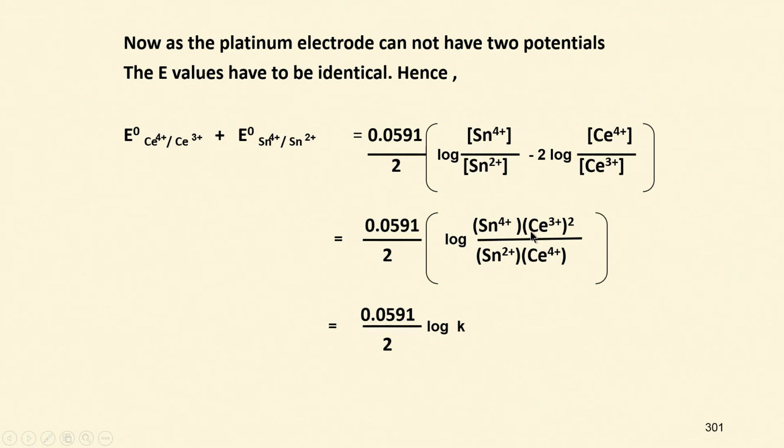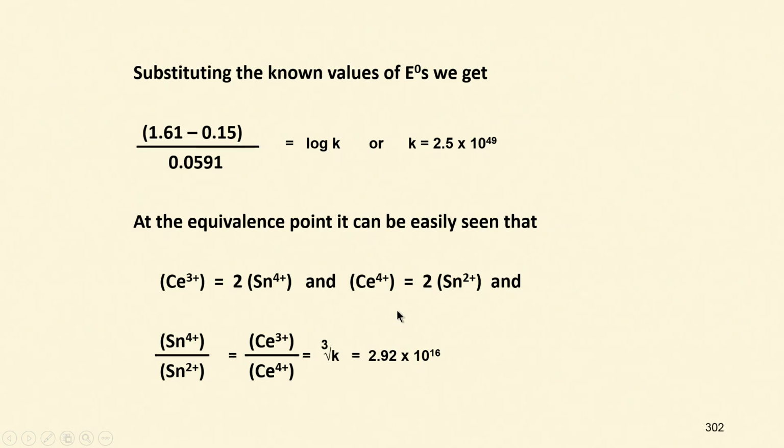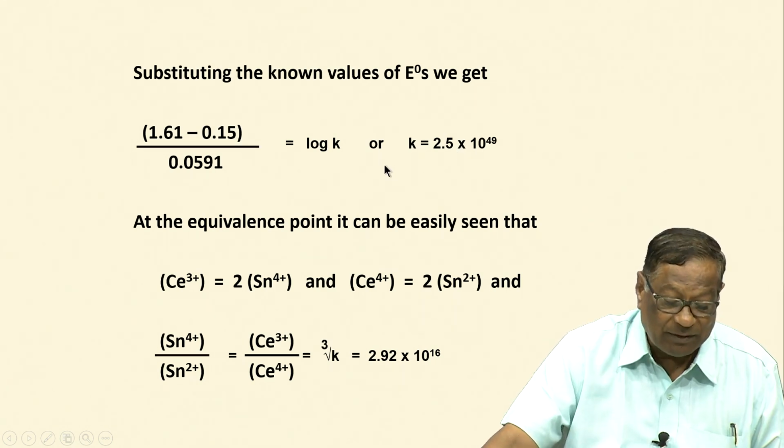So, if I write the equilibrium constant K, log K is 0.0591 by 2 times the difference, and substituting the known values of E naught we get log K equal to 2.5 into 10 raised to 49. So, for this reaction also K is a large value and the reaction virtually goes to completion.